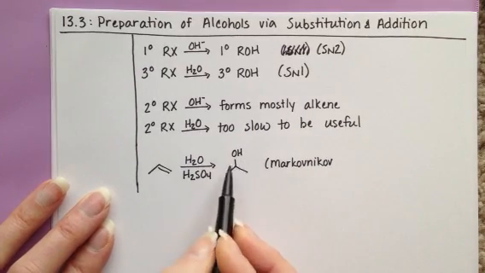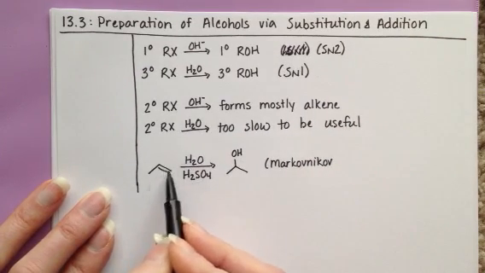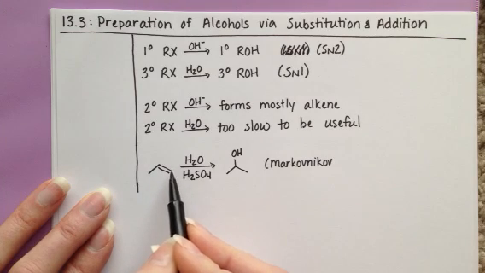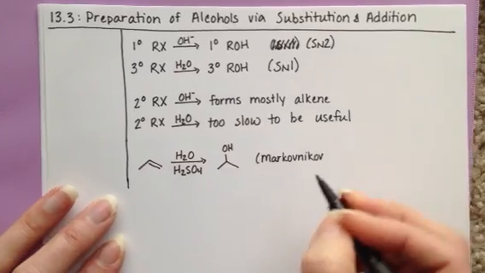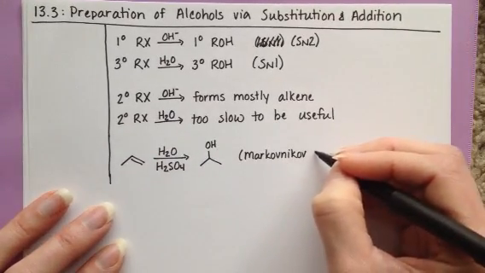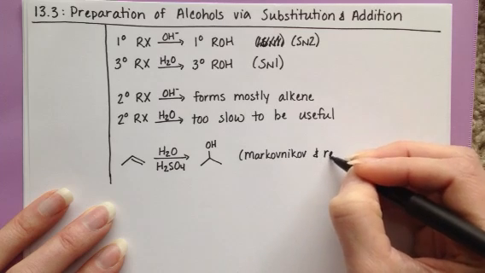meaning that the hydrogen that's added to the double bond goes onto the carbon that has the most hydrogens already present. That's the carbon at the end. The OH group goes onto the other spot, and that dictates the position of the OH group. And it also is susceptible to rearrangement.